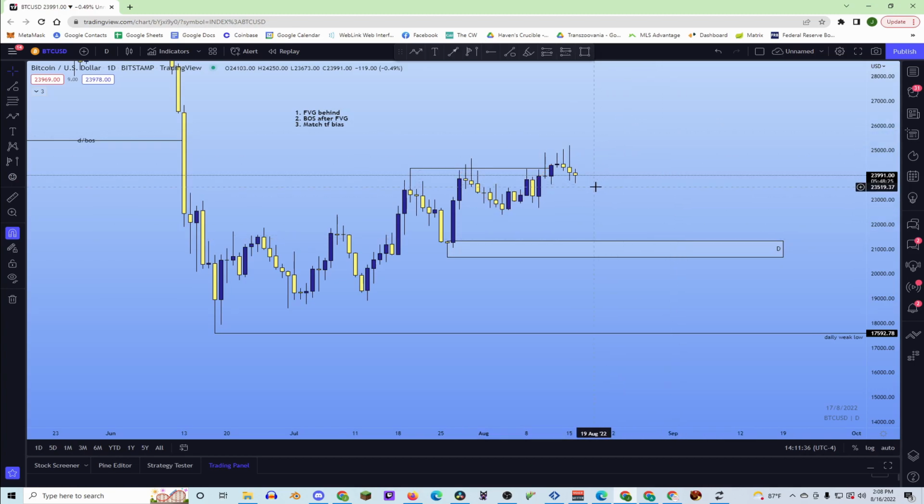Okay, so how do we get even more confluence in this trade? Well, believe it or not, something I don't talk about a lot because I don't subscribe well to support resistance. Support and resistance zones are another strong key factor for confluence.